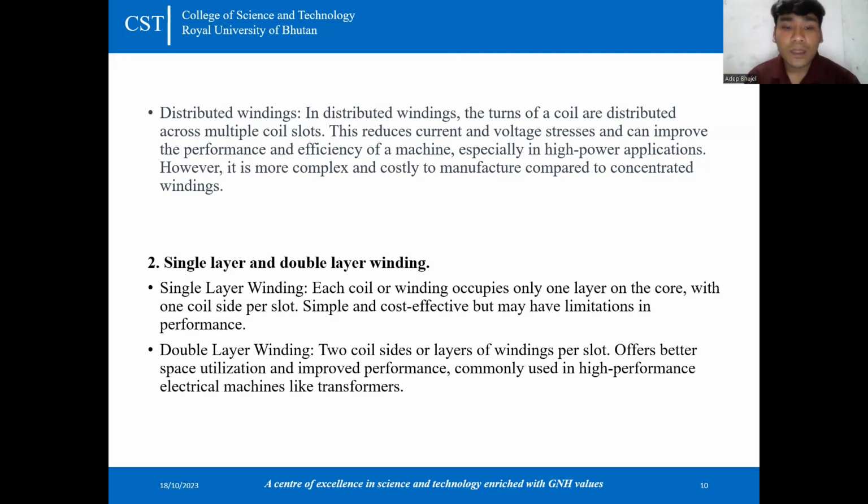Double layer winding consists of 2 coil sides or layers of winding per slot, and offers better space utilization and improved performance, commonly used in high performance electrical machines like transformers. In most armature windings, double layer winding is preferred over single layer winding, and it is used in most armature windings.